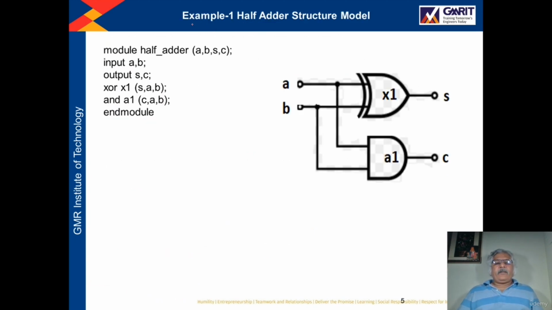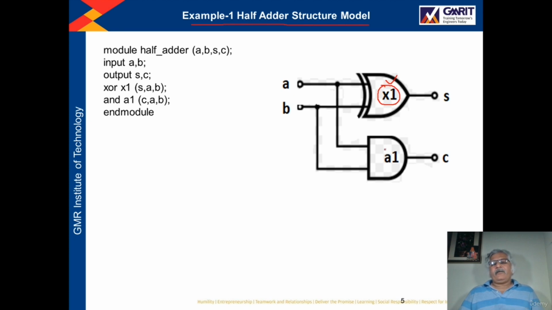Okay, so here the Verilog code of a half adder structural module is shown. So this is one half adder. Here we have one 2 input XOR gate, and X1 is the label of this XOR gate.